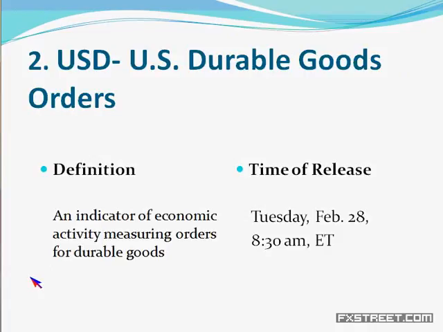Moving forward, on Tuesday we're going to see the U.S. durable goods orders, which is also an indicator of economic activity, measuring orders for durable goods in the United States. It is due on Tuesday at 8:30 a.m. Eastern Time, and unfortunately, that could be one of the weak spots in the U.S. economic data, as the durable goods orders are expected to decline by 0.6% month over month, compared with the 3% expansion in the previous month.